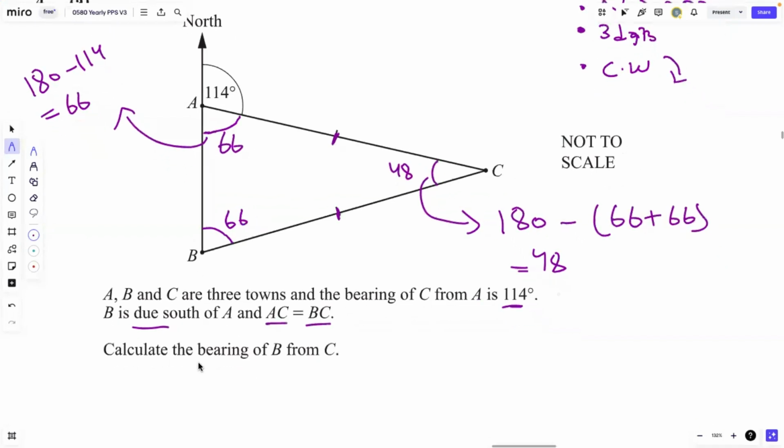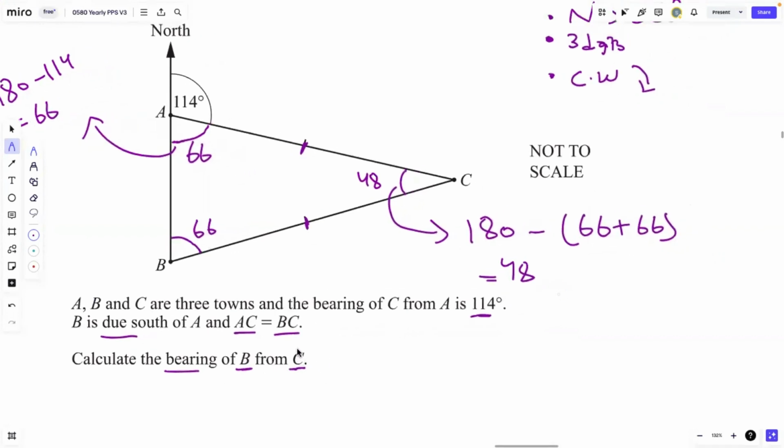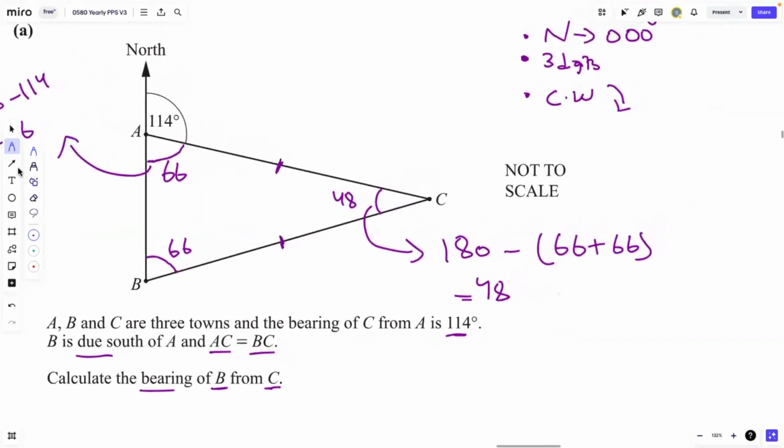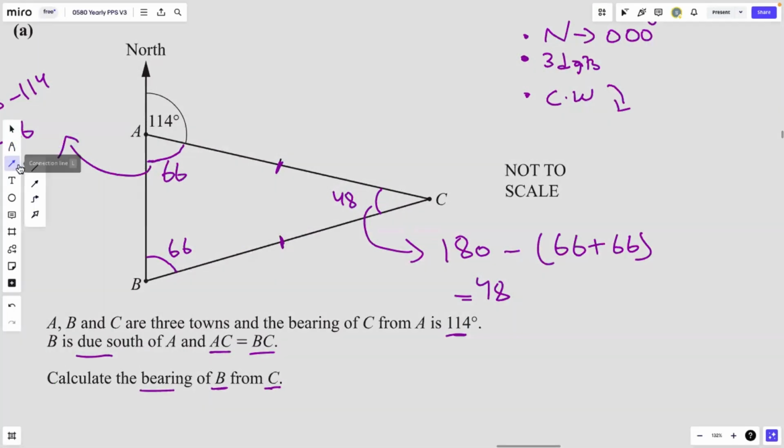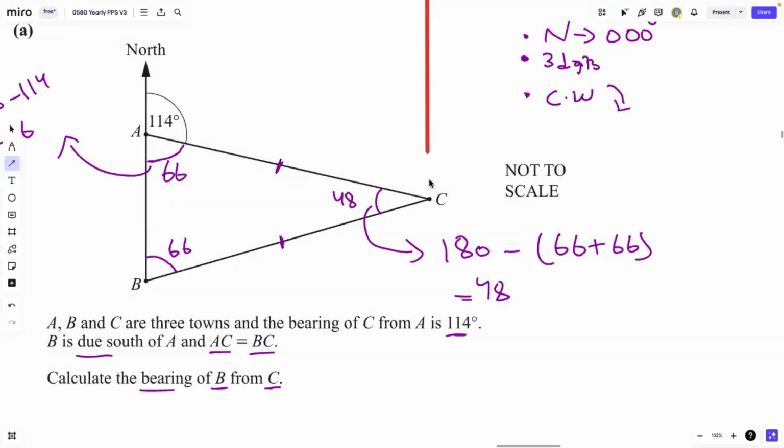And now let's read what the examiner is asking. Calculate the bearing of B from C. So 'from C' would mean that we are actually at the point C. That's the point that we'll be using.